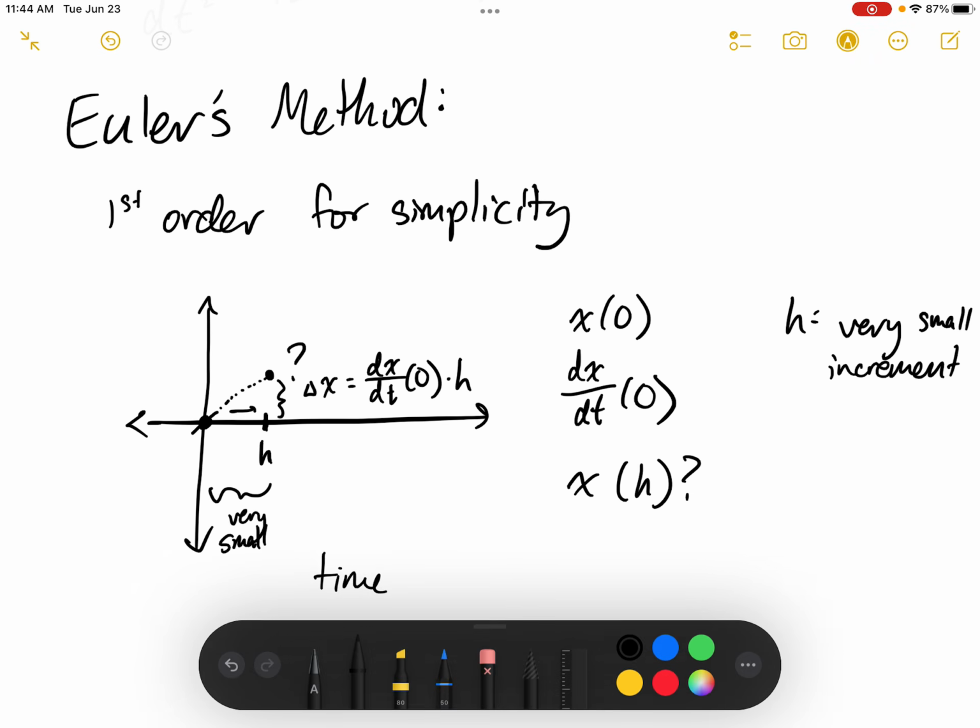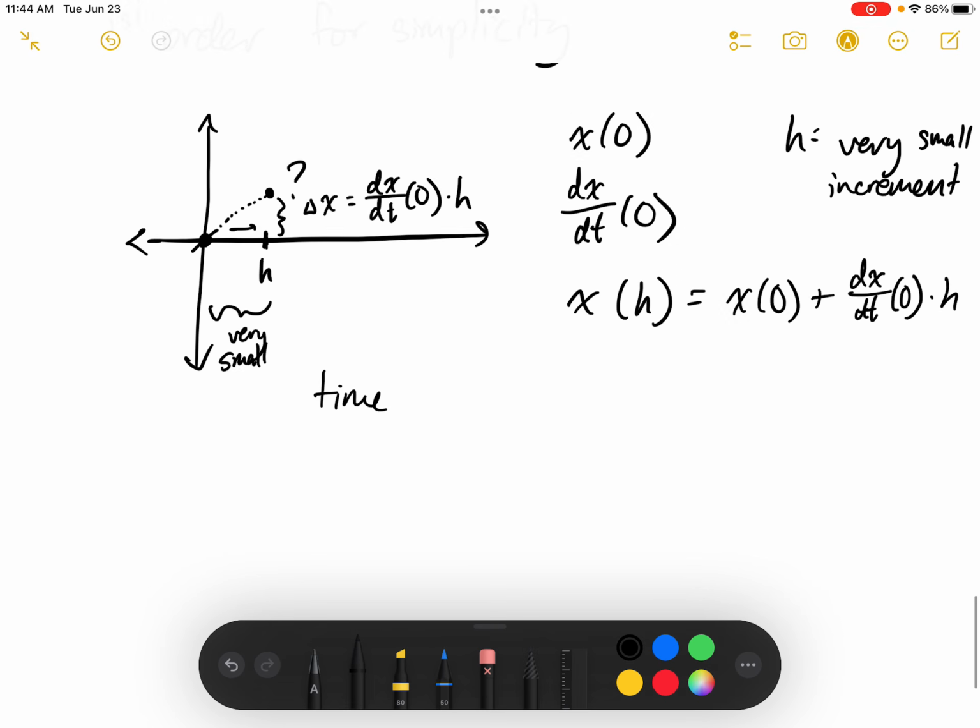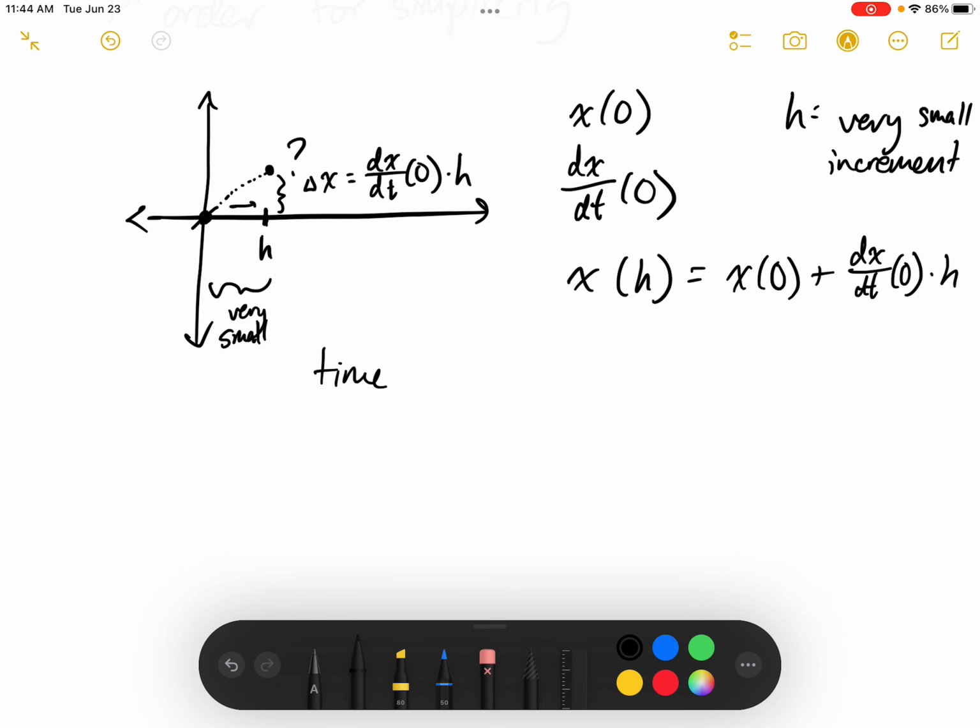So now we know that it is x of 0 plus dx dt of 0 times h. Right, so that's Euler's method.